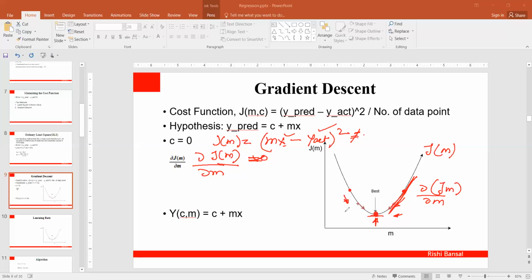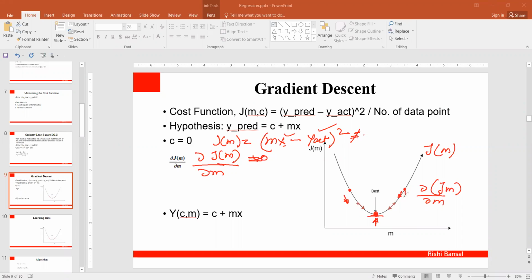Don't worry if you are not able to reply, because this is not very easy, because people have lost touch with calculus for a long time. So if I have to move towards left, this is the point and I need to move towards left.